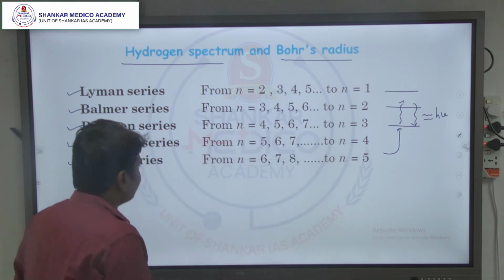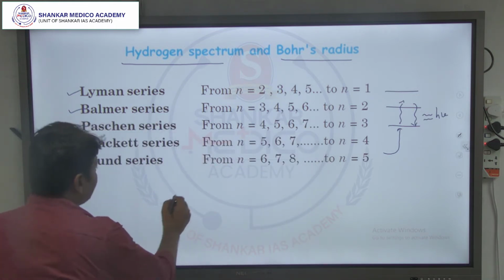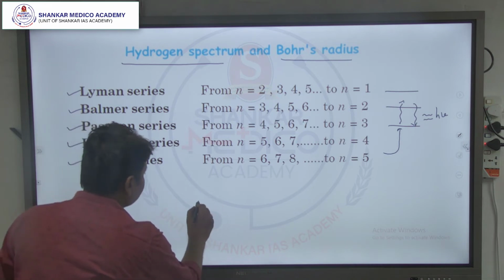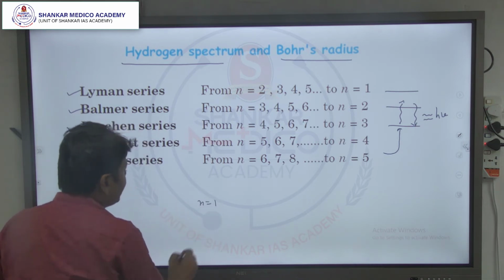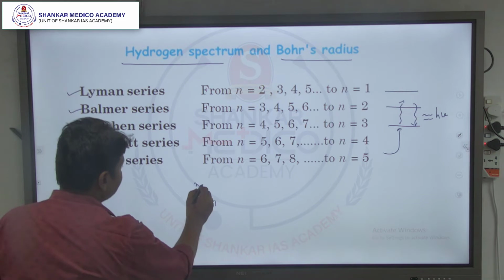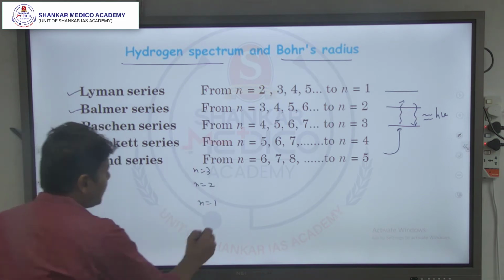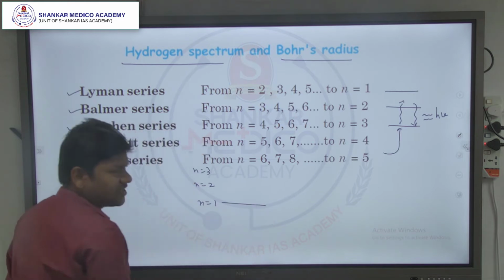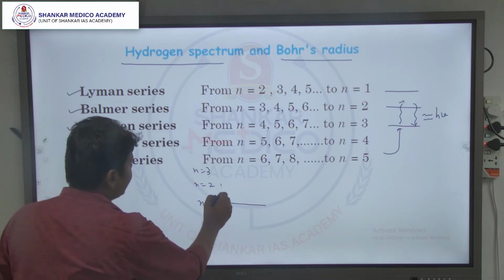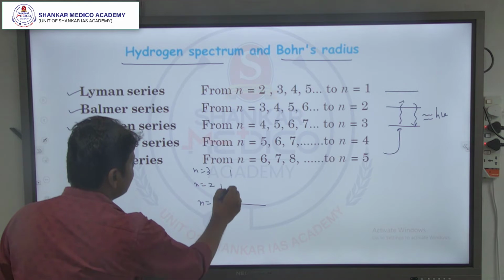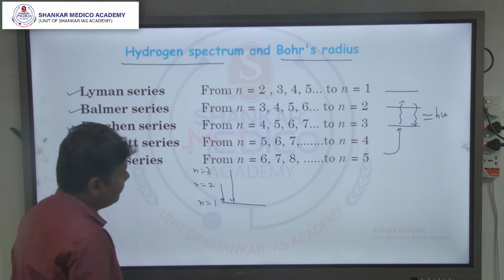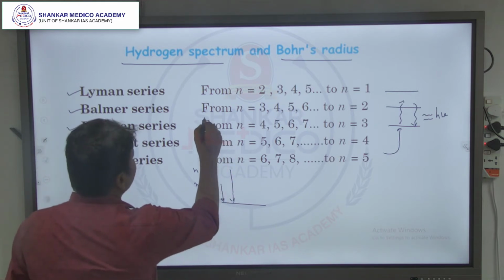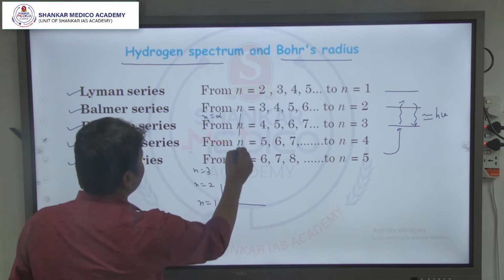Then imagine, let us take n equal to 1, I am writing the energy levels: n equal to 2, n equal to 3 and so on. Imagine all the lines falling from the higher energy levels to only n equal to 1. It might be n equal to infinity, from there also lines are falling.